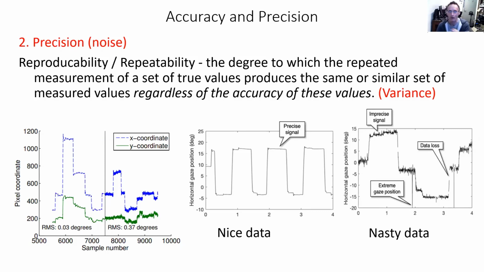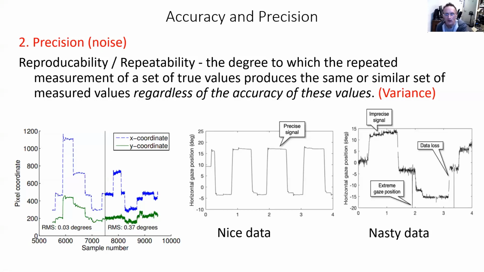Typically hitting the up arrow and boosting up the pupil threshold will eliminate that noise. People get into debates about which is more important for overall data quality, accuracy or precision. And the answer is they're both super important and you want them both to be as good as they can be. They both impact on data in very different ways, but both can be super important.